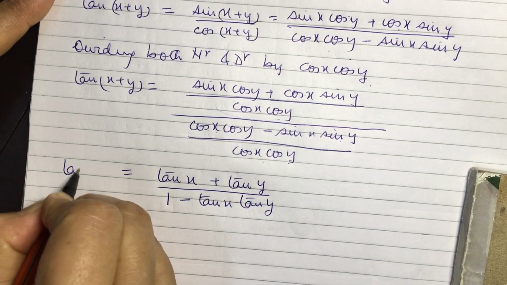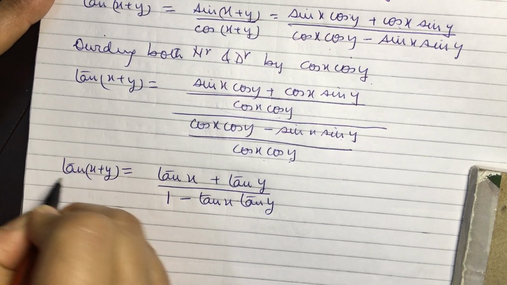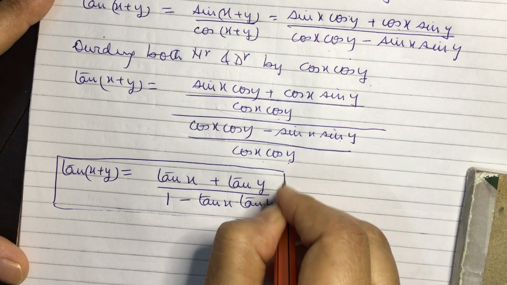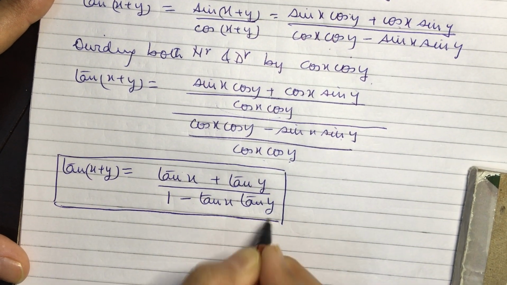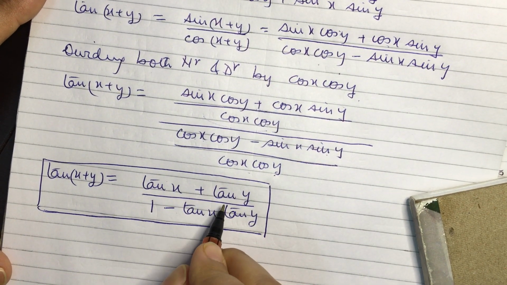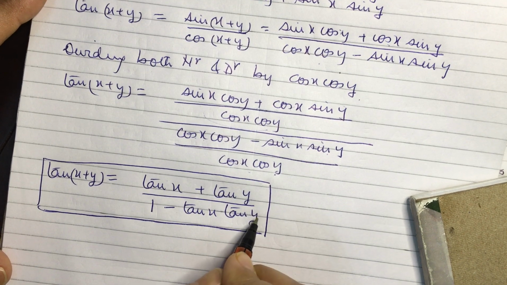Hence we get the result tan of x plus y is equal to (tan x plus tan y) upon (1 minus tan x tan y). Now, one constraint over here is that both tan x and tan y should be defined.